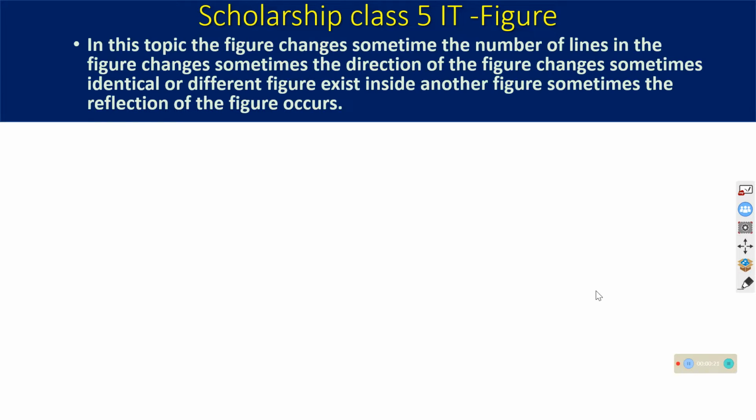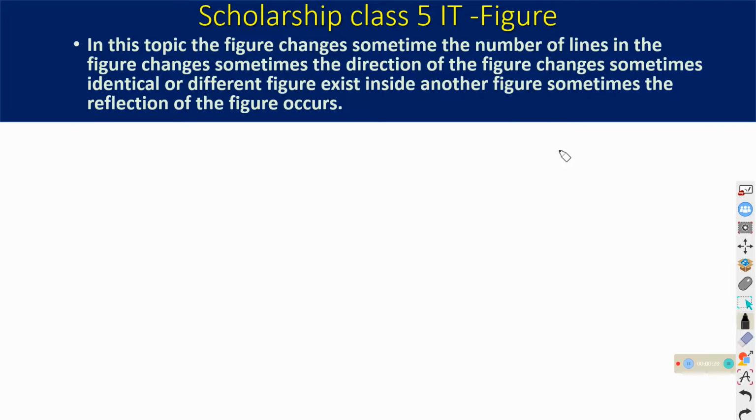Dear students, we are entering into a new topic of intelligence test, and this topic is related with figures. When we say figures, it can be anything. Sometimes there can be a figure and a number of lines over there.